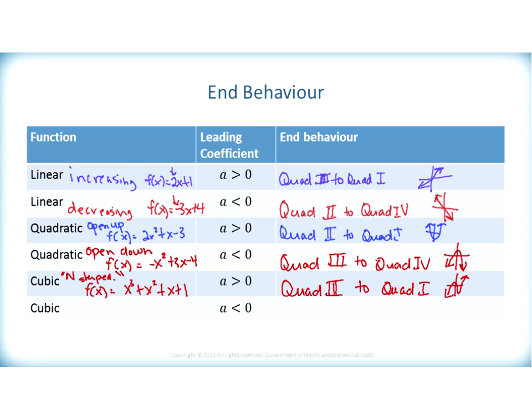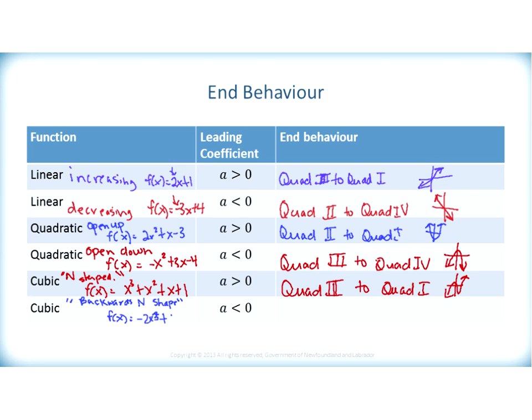And of course, a cubic where a is less than 0 will give us a negative leading coefficient. I call this a backwards n shape. It's something like f of x is equal to negative 2x cubed plus 1.